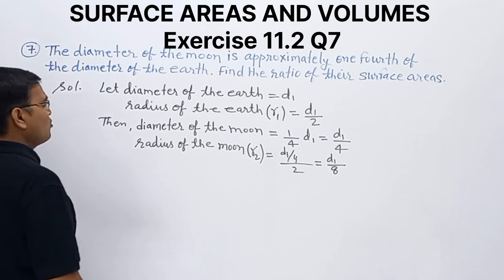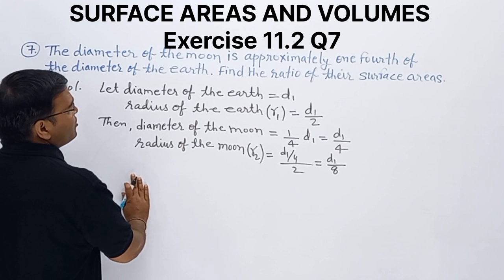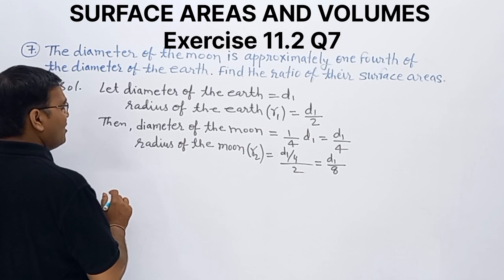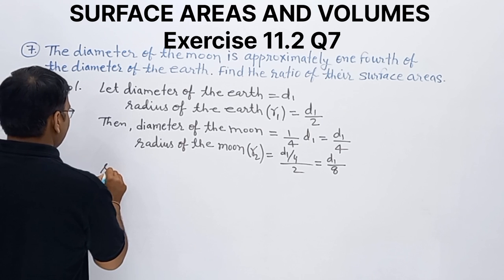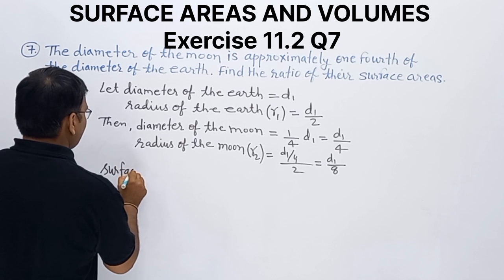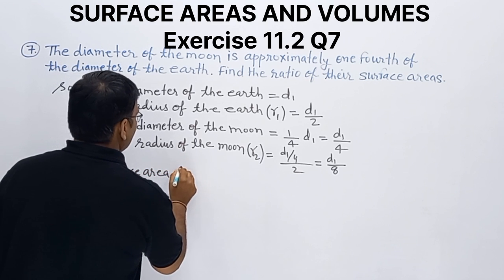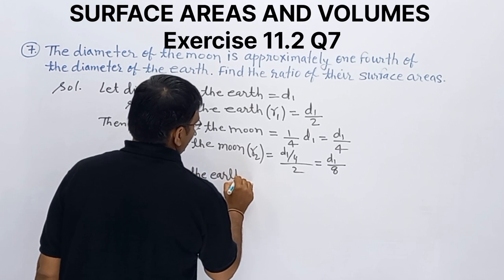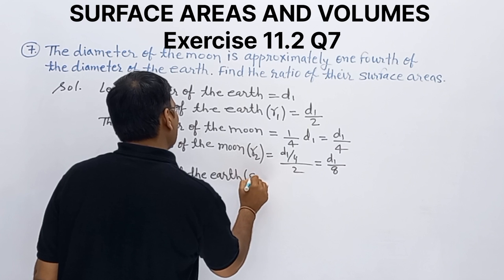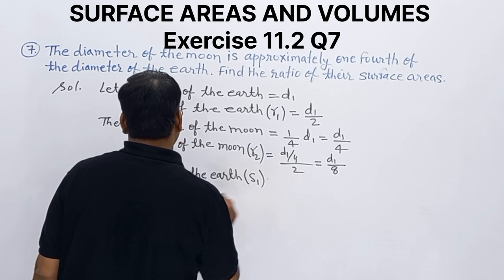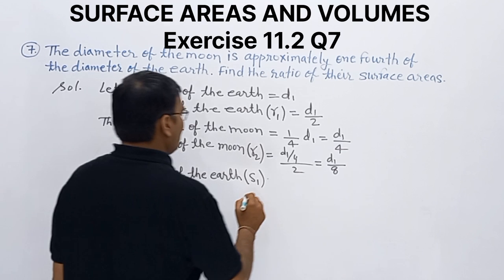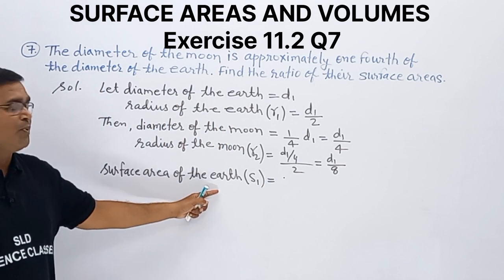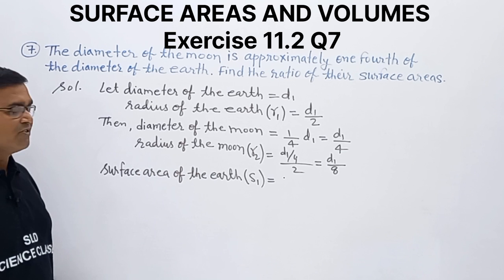So how will we solve? First, the surface area of the earth. I am taking this as S1, and the earth is spherical in shape, so its surface area will be the surface area of a sphere.